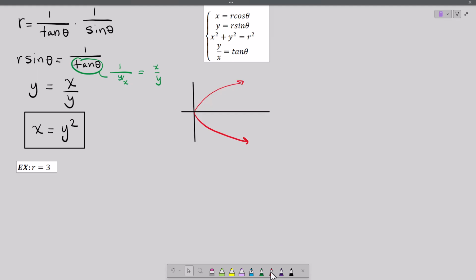So this equation has no theta, so there's no restriction on theta. Theta can be any number. And so we imagine theta, 0 to 2 pi, rotating around. For every angle, r is always 3. So you imagine that theta rotating around, r is always 3. That gives us the circle centered at the origin of radius 3.